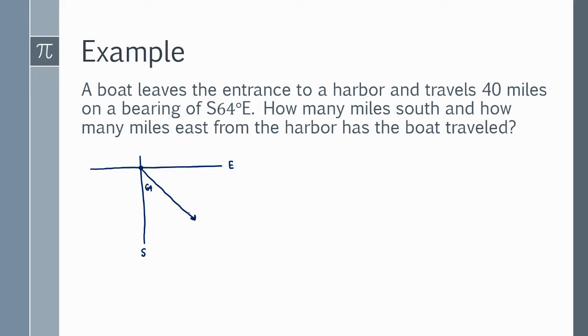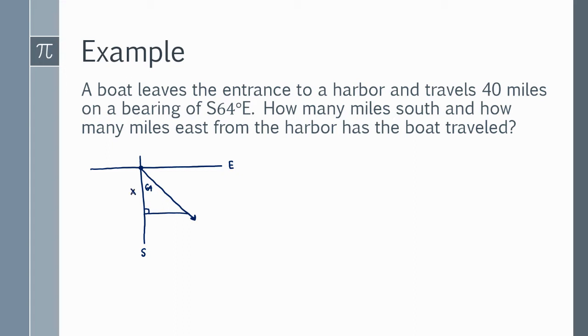Normally I always have us draw a perpendicular line up to the x-axis. You can totally do that. You would then just need to find the complement and use that angle. Or in this case, we can go over here and make that perpendicular with the y-axis, because the question is, how many miles south?